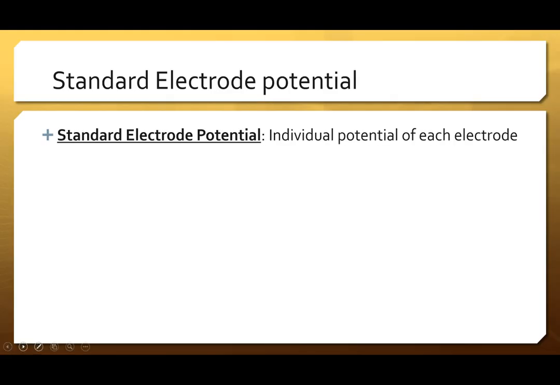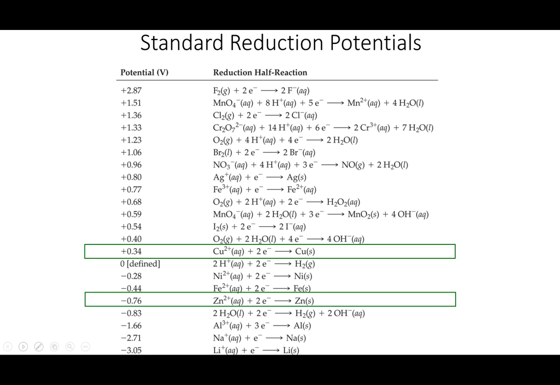And what we're going to do is look at the difference between the cathode and the anode, and the difference in those standard potentials will be used to calculate the potential for the entire cell, for that whole battery.